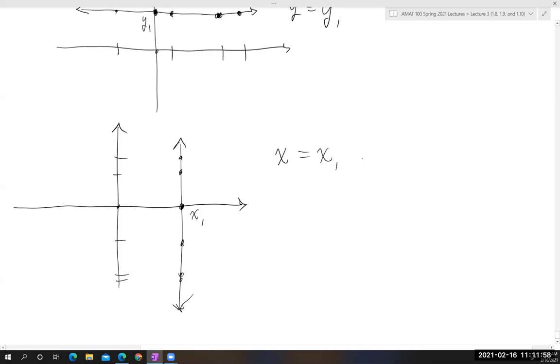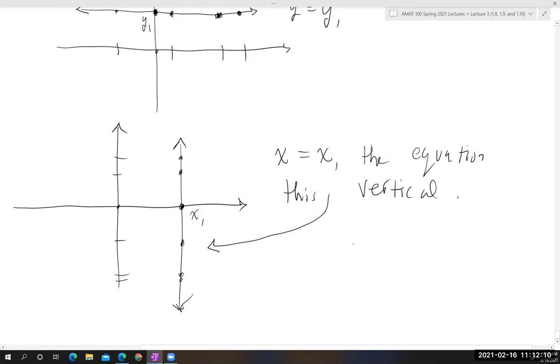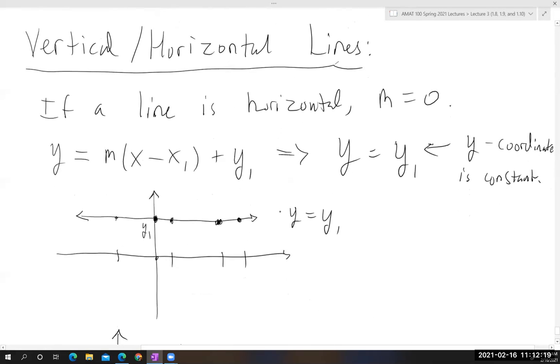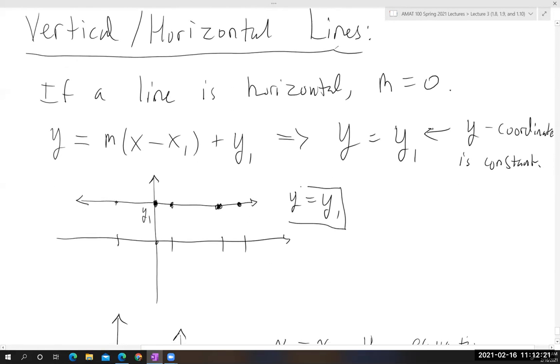So this will be the equation of this vertical line. A vertical line will always be of the form x is equal to some number, say x1 or a or b or whatever. And a horizontal line will be of the form y is equal to some fixed number, y1, say.